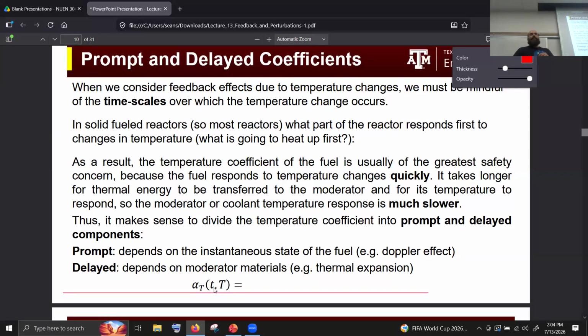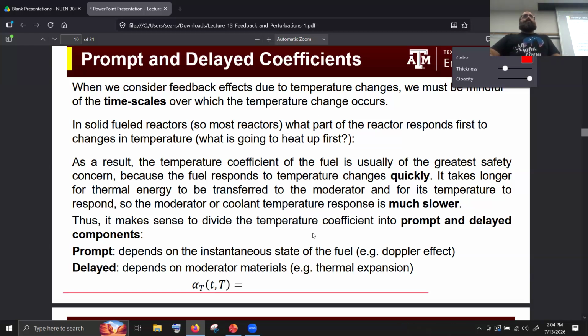And so in our reactor, when we think about feedback, there's lots of different materials that respond due to temperature changes, for example. And we want to be aware of the time scales over which those materials are impacted.